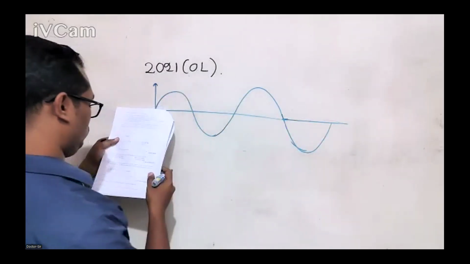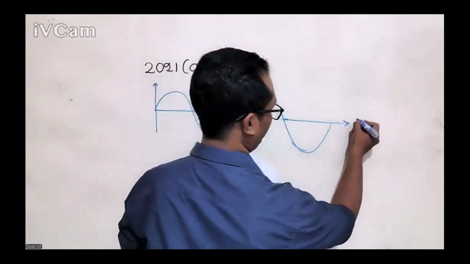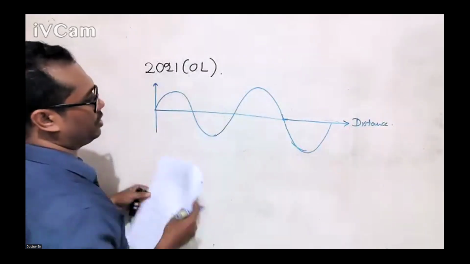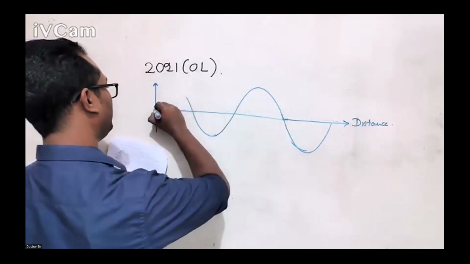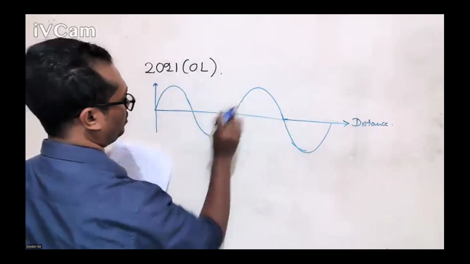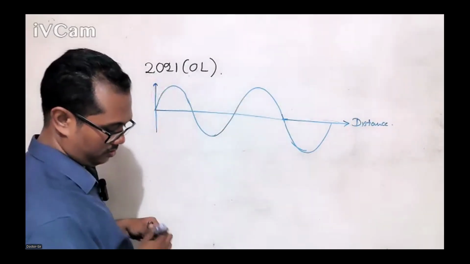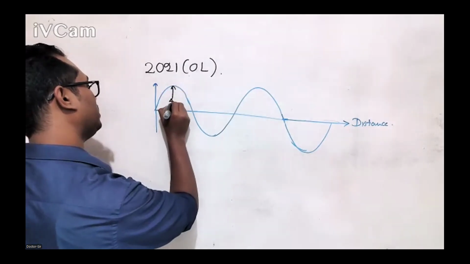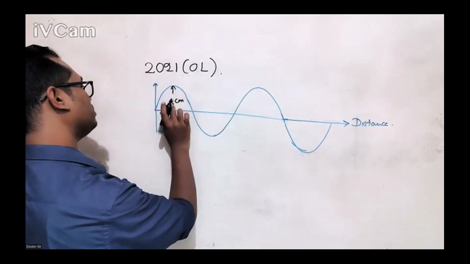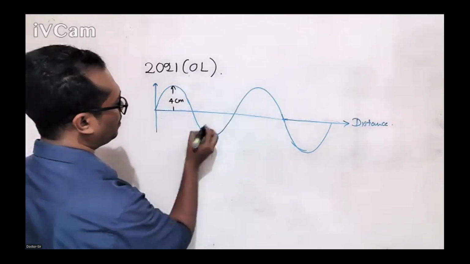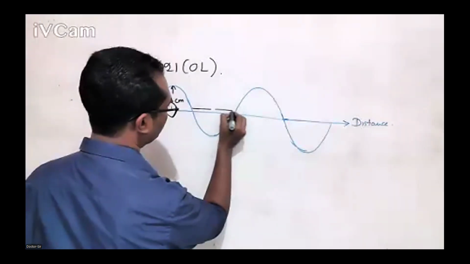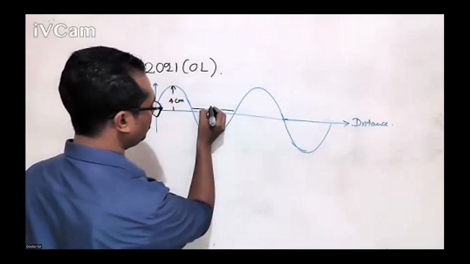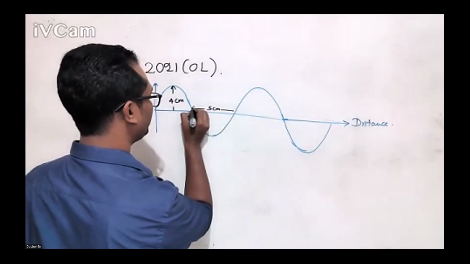They represent distance. All heights should be equal. This height is 4 centimeter. Then the distance of one trough is 5 centimeter.